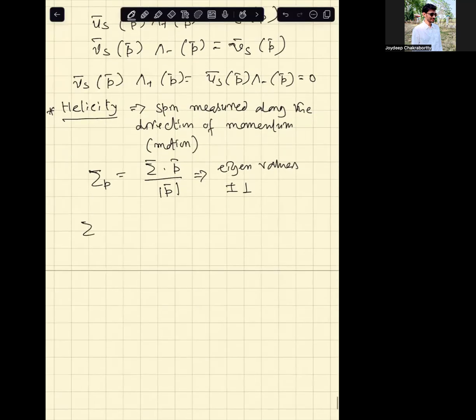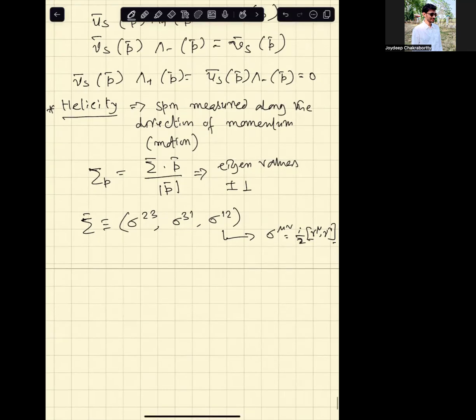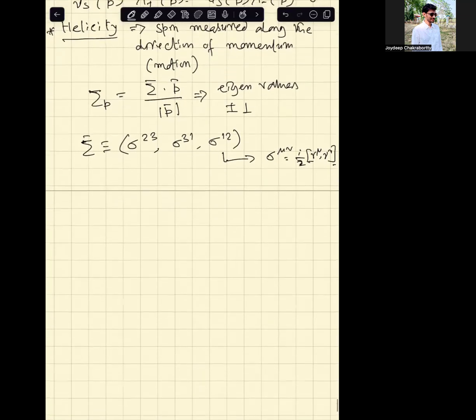So this sigma here we define as sigma 23, sigma 31, and sigma 12. And this is in the same spirit as the way we define sigma mu nu as i by 2 gamma mu gamma nu commutator. Right? So sigma 23 would be i by 2 gamma 2 gamma 3 commutator. So from there, you get the component of this operator. So you know about this thing.